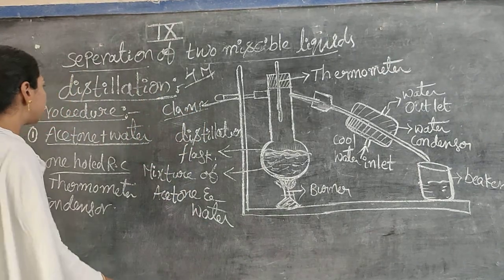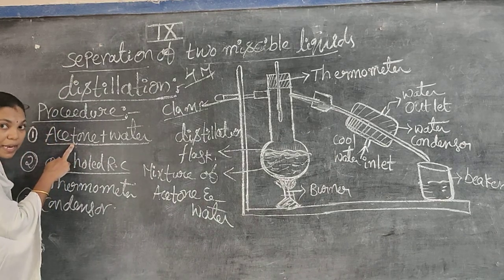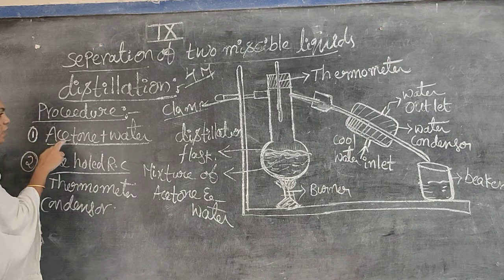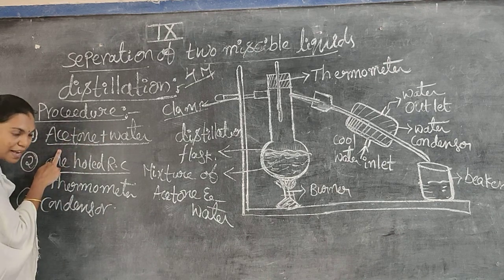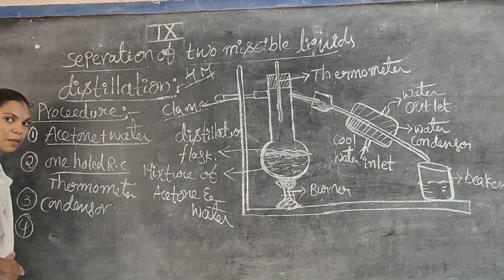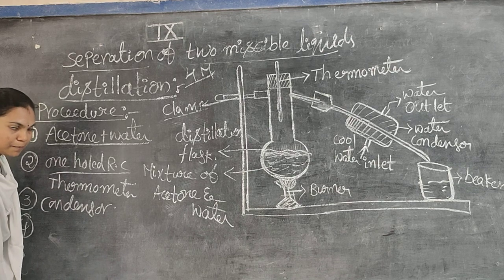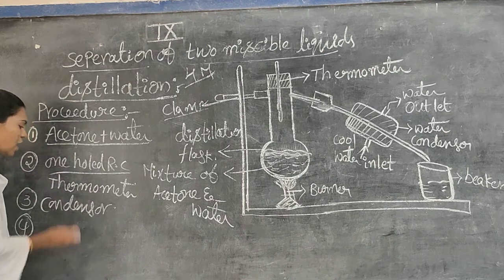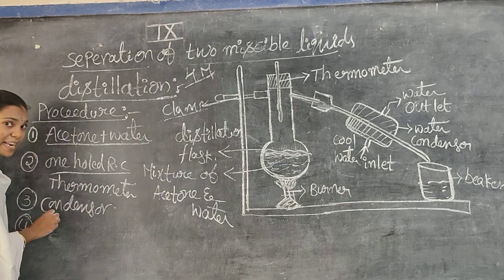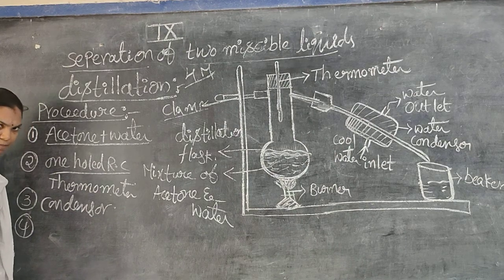Again I repeat the procedure. First point, take the mixture of acetone and water in a distillation flask. The distillation flask mouth is closed with a one-hole rubber cork. In that cork, we fit a thermometer. At one side of the distillation flask, we arrange a water condenser.